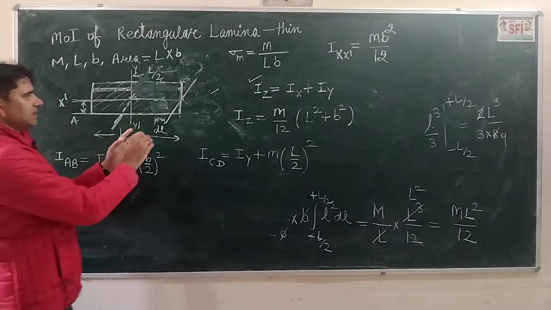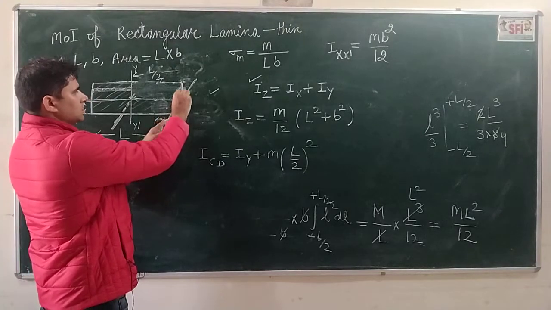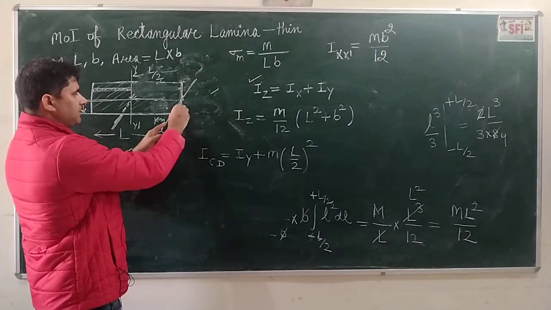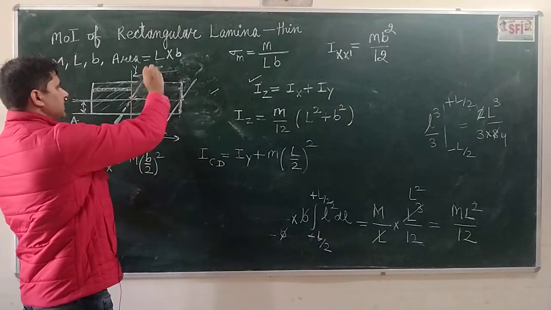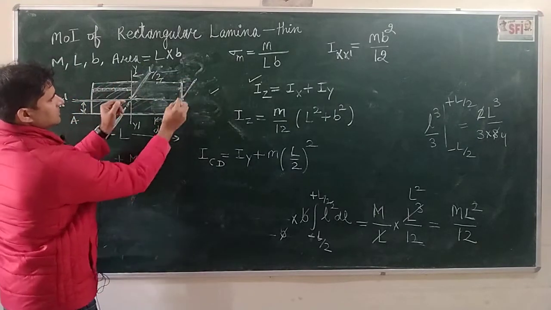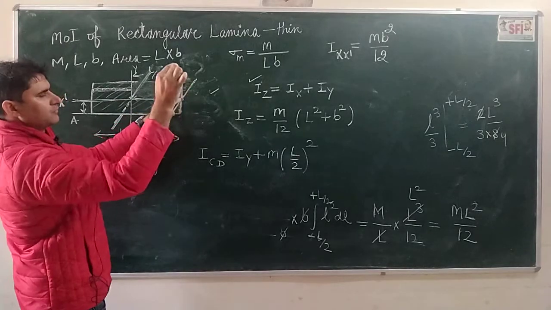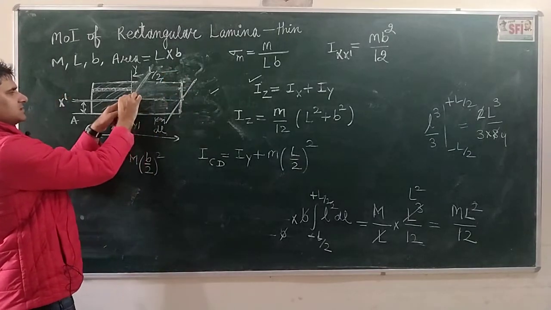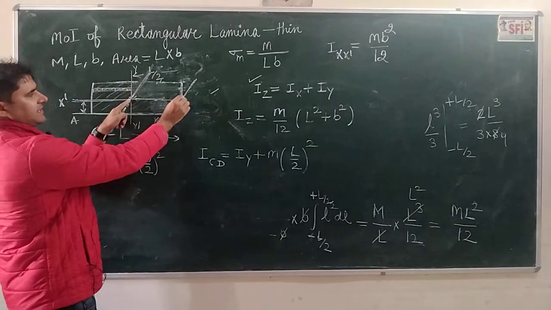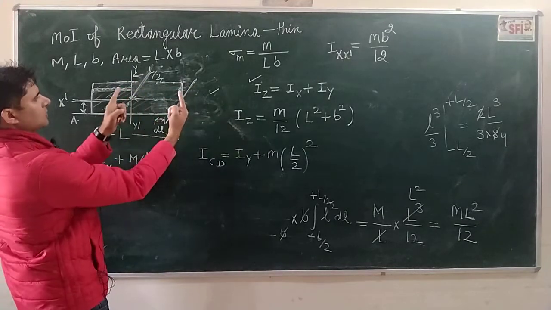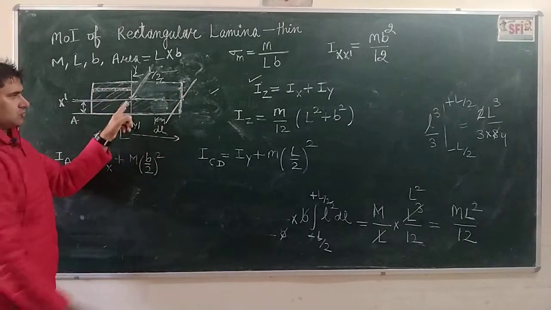Now I am taking an axis which is passing through the mid of the breadth and perpendicular to the plane of the lamina. Then you can see this axis is passing from this point, and the z-axis is perpendicular to this surface and passing through the center of mass.